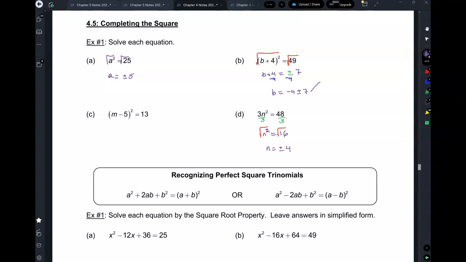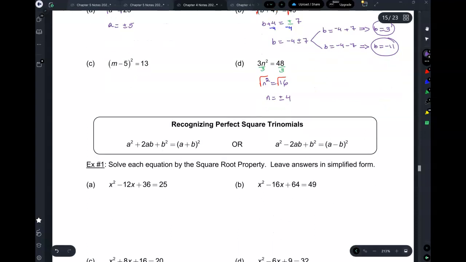Now here I have two solutions. One is B is negative 4 plus 7. One is B is negative 4 minus 7. Do you see that? So in the top, I get B equals 3, B equals minus 11. Those are the two answers here.